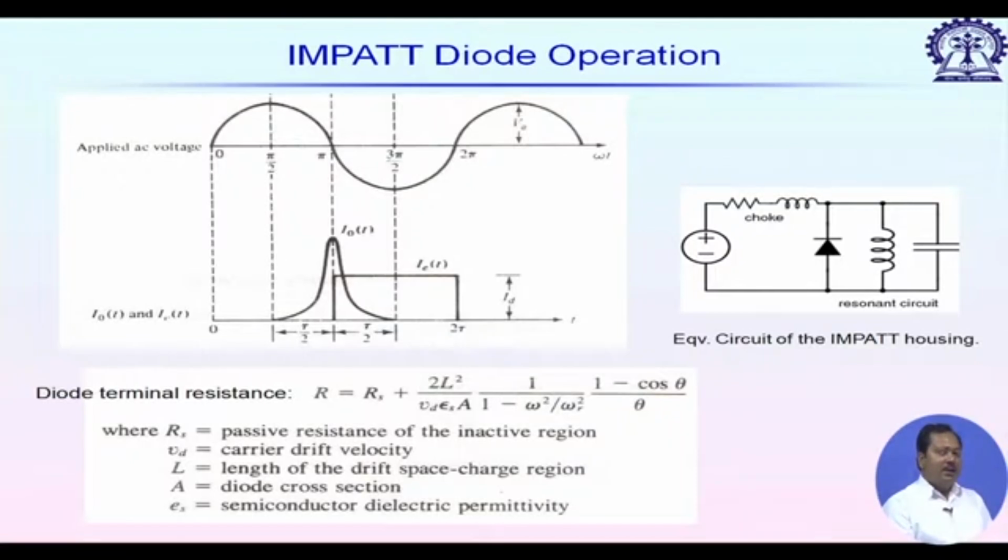So, the I region plays an important role: its length, its resistance and the carrier drift velocity through it. Next, A is the diode cross section, E s is the semiconductor dielectric permittivity, and theta is the transit angle. So, transit angle has one important relationship with R. R depends on transit angle.